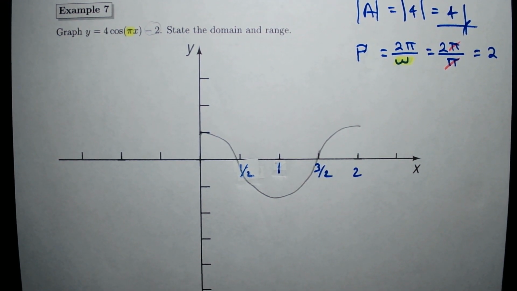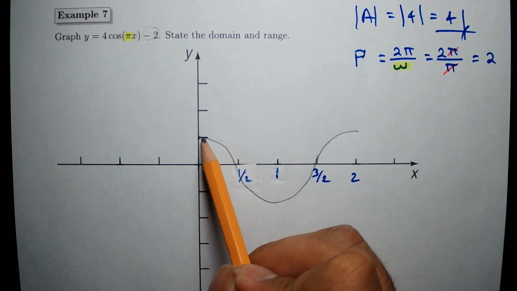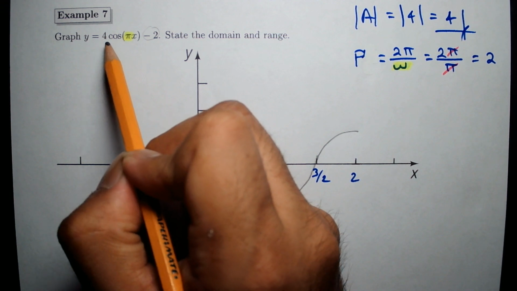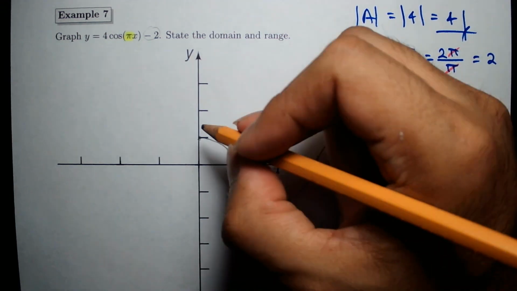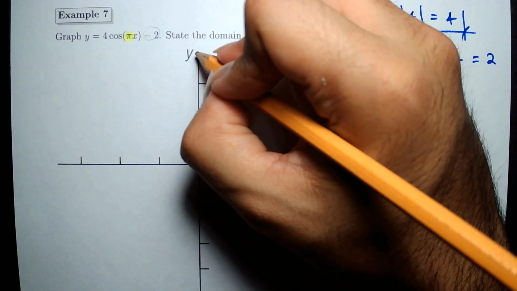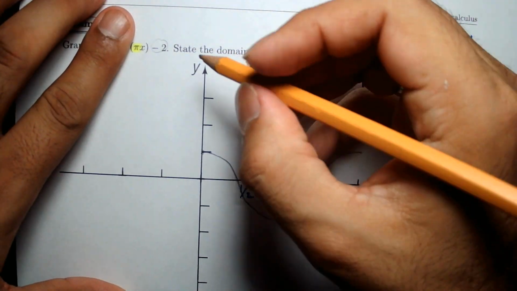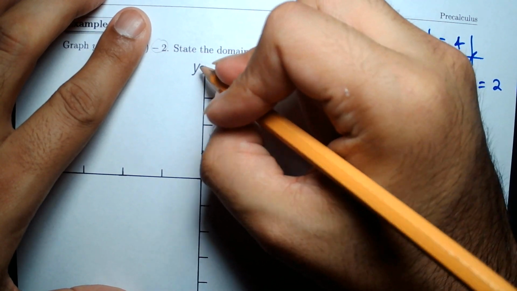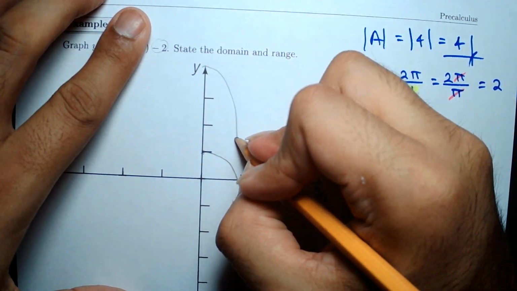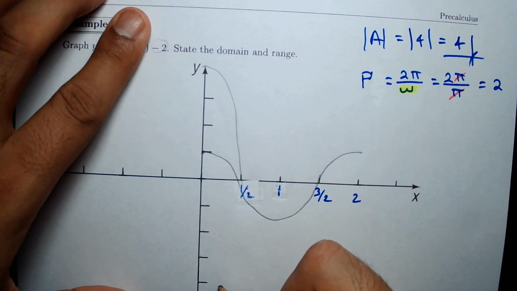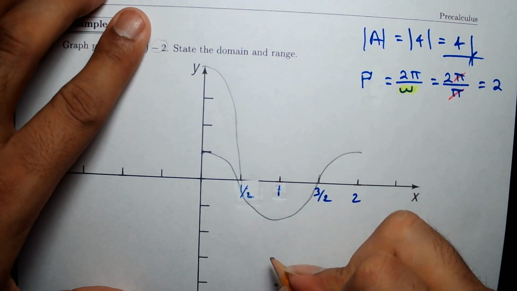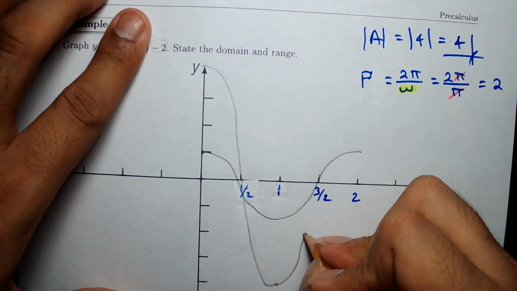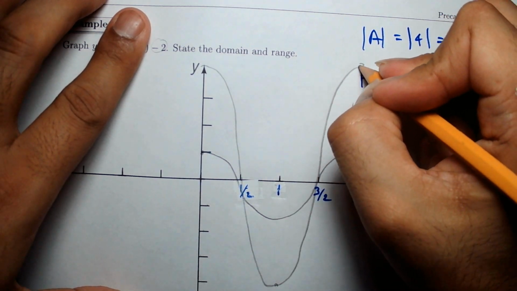However, in this case, what we need to do is to stretch these y values by a factor of 4. All right, 1, 2, 3, 4 would be over here. Let me erase this. I'm going to do this just on top. It would look like this.